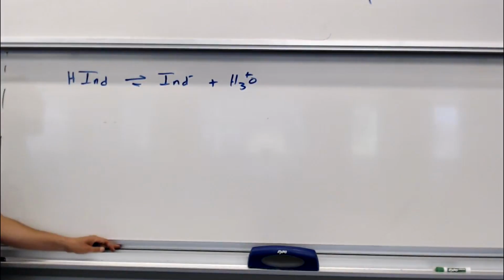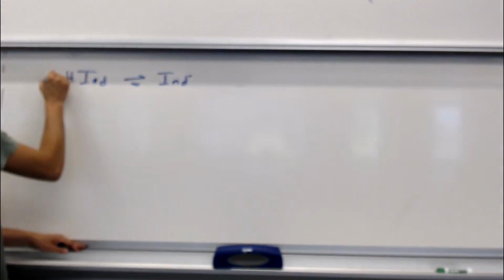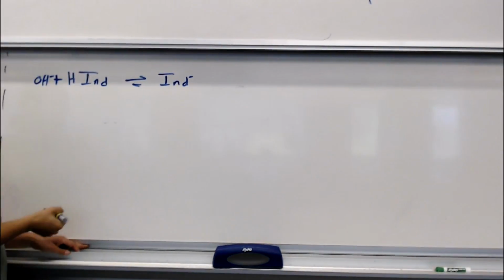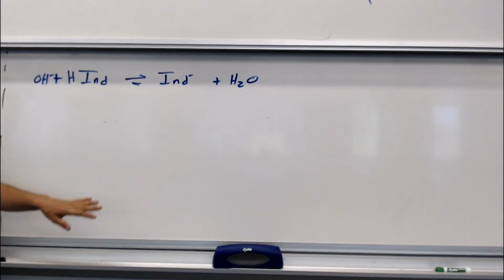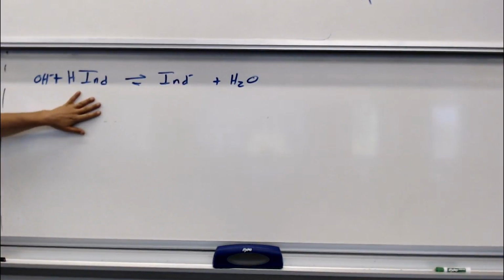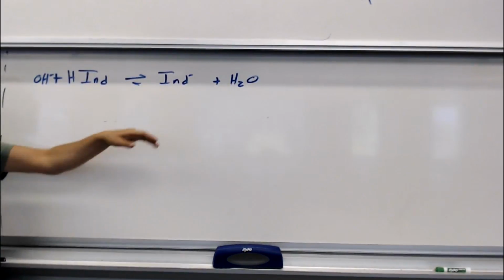This is my indicator acting like a weak acid. The other way we can write this is our indicator reacting with hydroxide to produce H2O. Either one is acceptable. I like this one a little bit better because it gives us an idea of how, as I add hydroxide, I remove protons and I change colors.